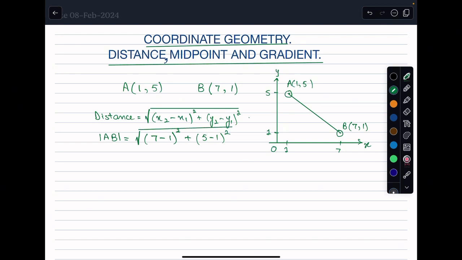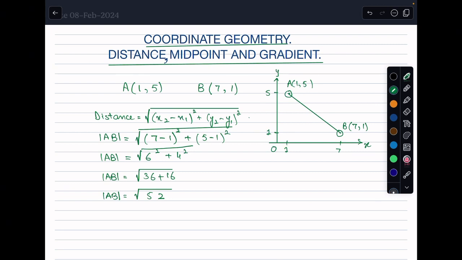So the distance AB is the square root of 6 the whole square plus 4 the whole square, which is the square root of 36 plus 16, or the square root of 52. This is how I find the distance between the two points.